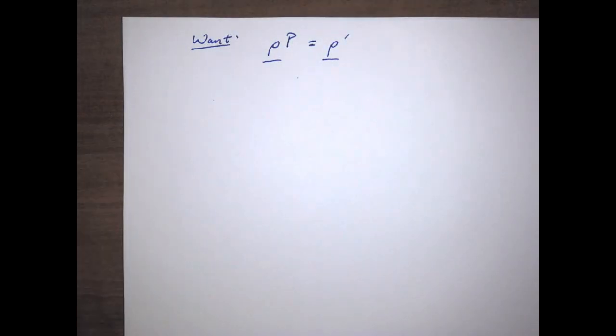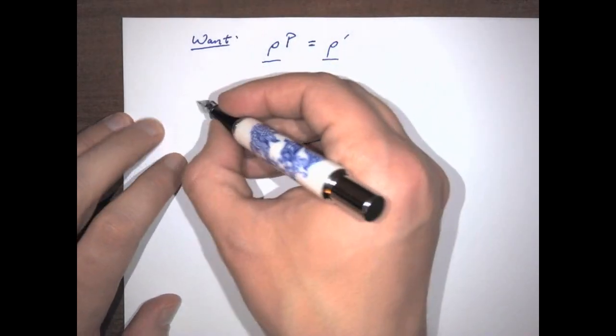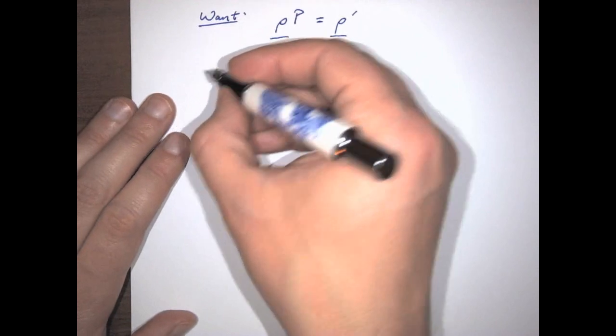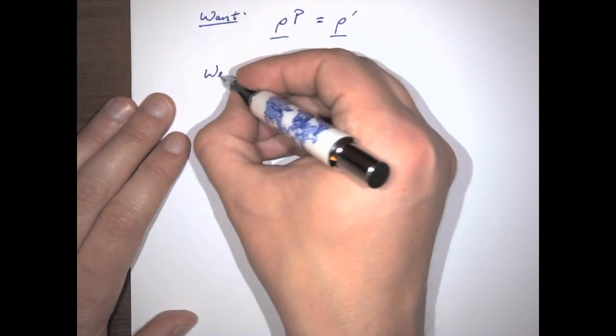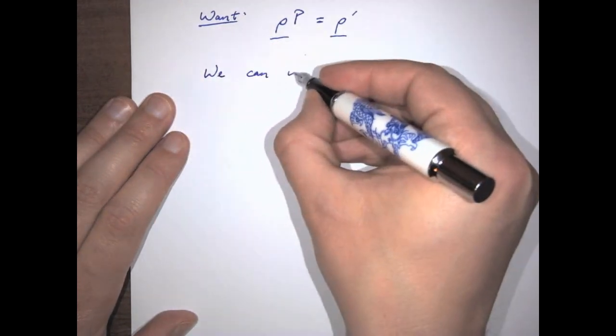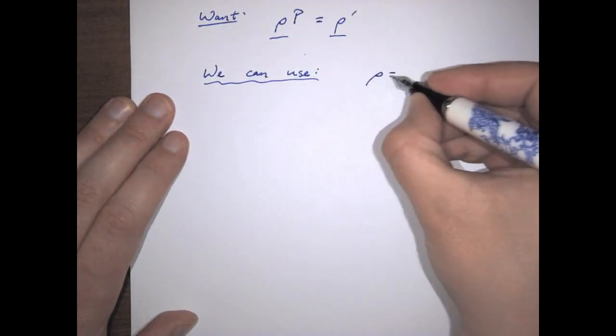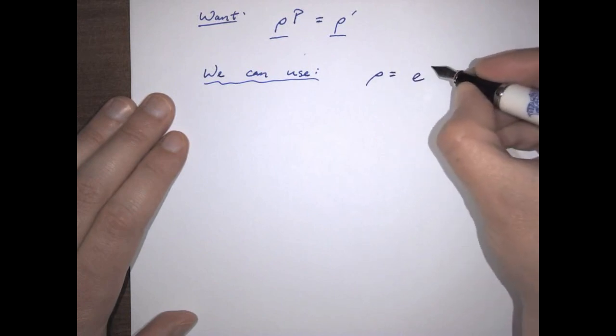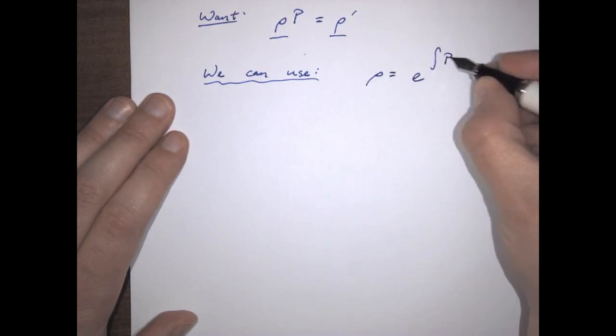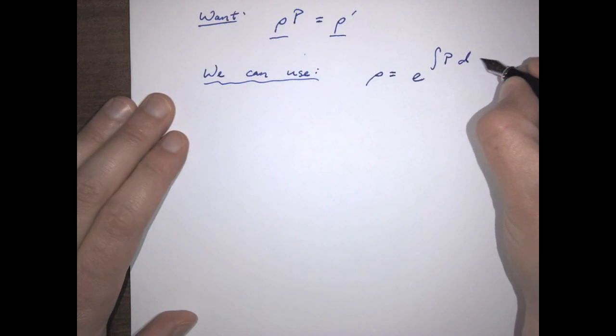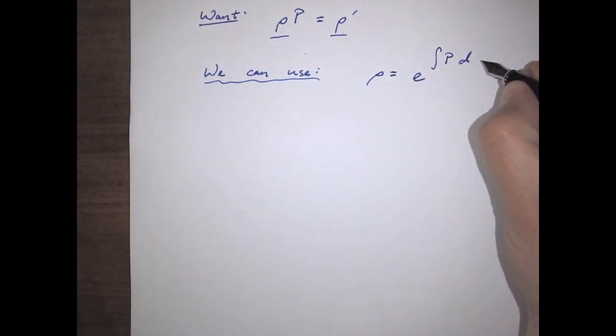The way to make this happen is as follows. We can use rho equal to e to the power of the integral of p dx.